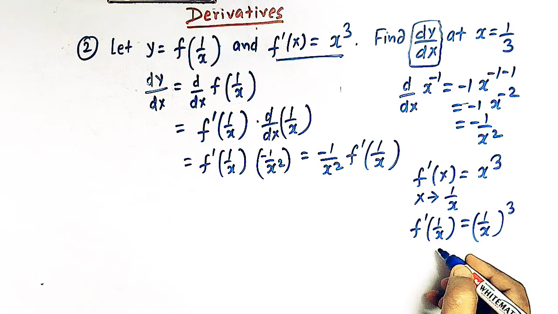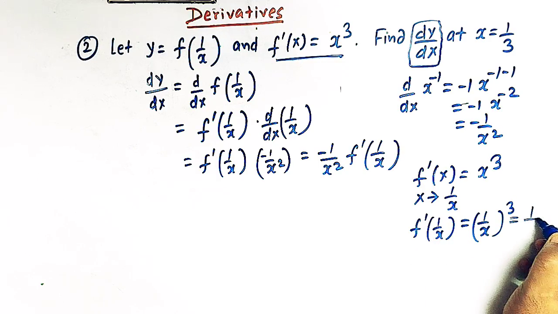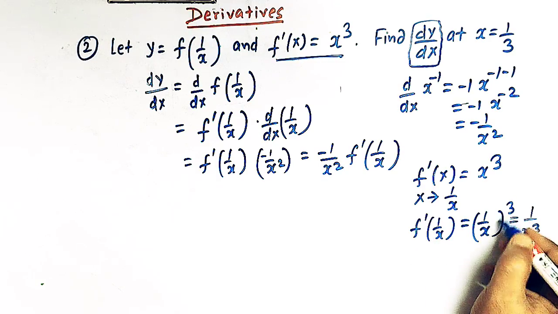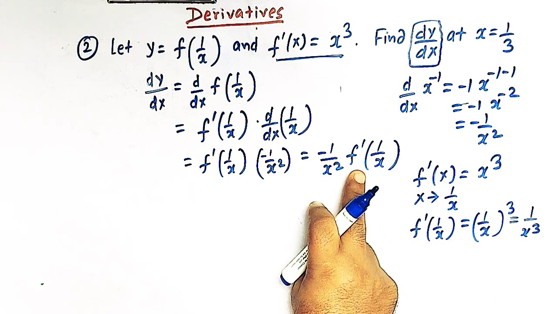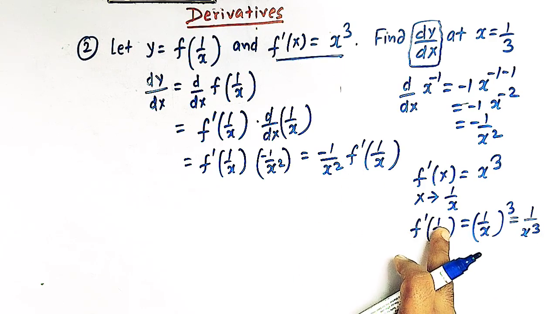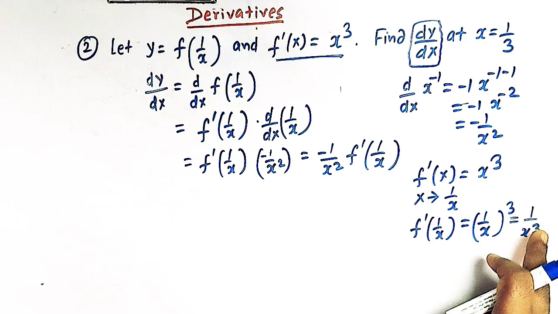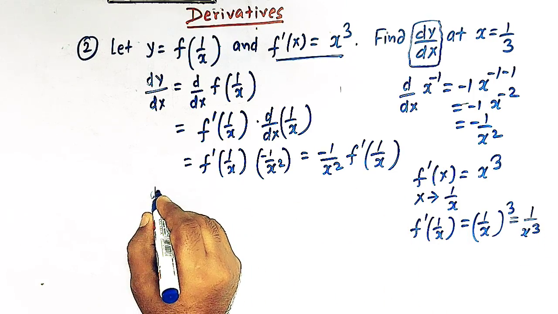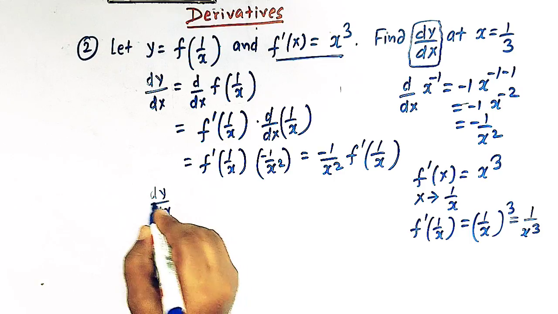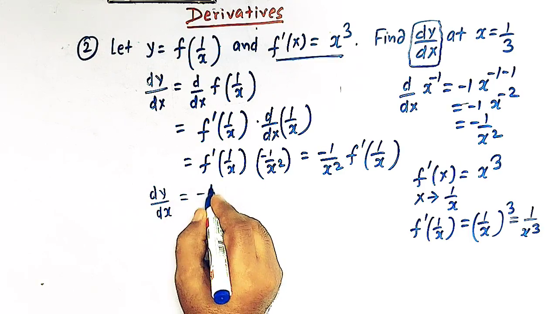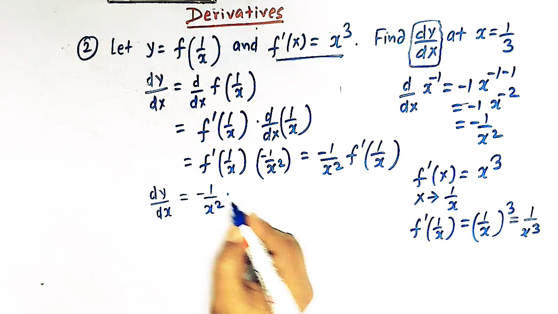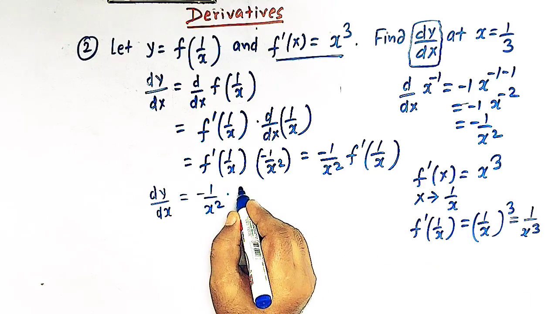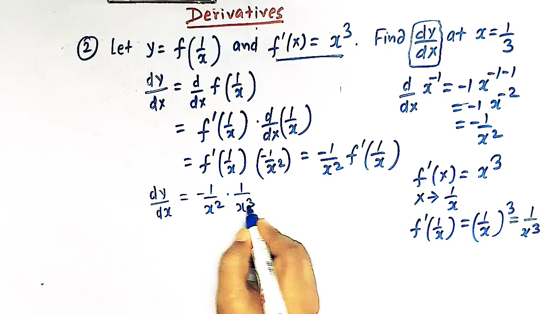So now f prime of 1 over x is equal to 1 over x cube, right? And substituting the value of f prime of 1 over x as 1 over x cube in this expression, we have now dy over dx is equal to minus 1 over x square, and here we have 1 over x cube.